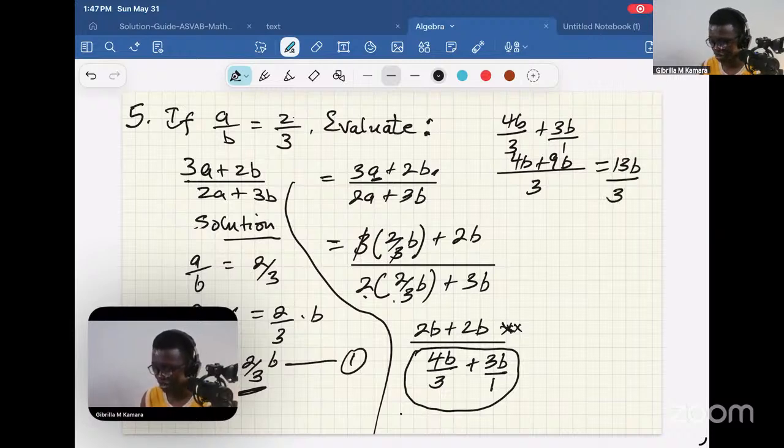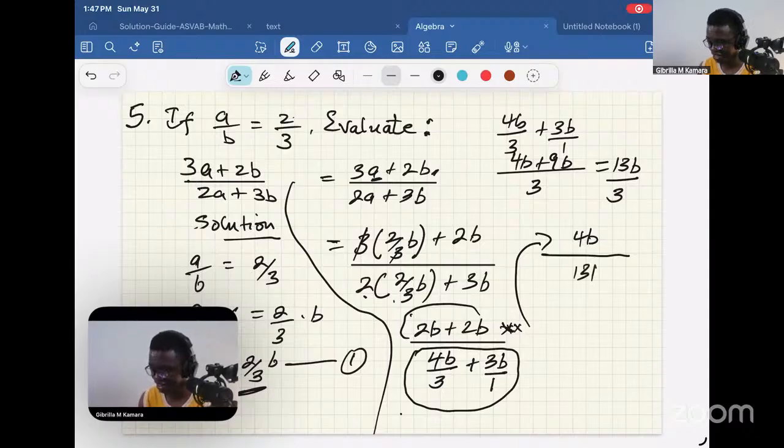Now let's bring this one here. If you add that, that gives you 4b, everything divided by 13b divided by 3. So this becomes 4b divided by 13b over 3.